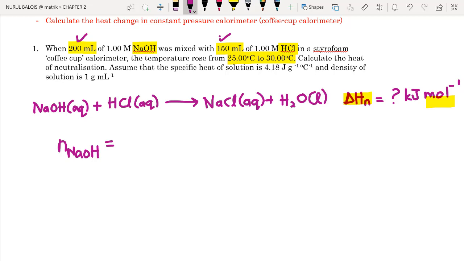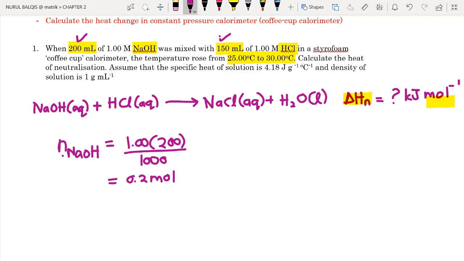MV over 1000. So our molarity is 1. Our volume of sodium hydroxide is 200 divided by 1000 because we want to change it to liters. Then lastly, we're going to get 0.2 mole of sodium hydroxide.